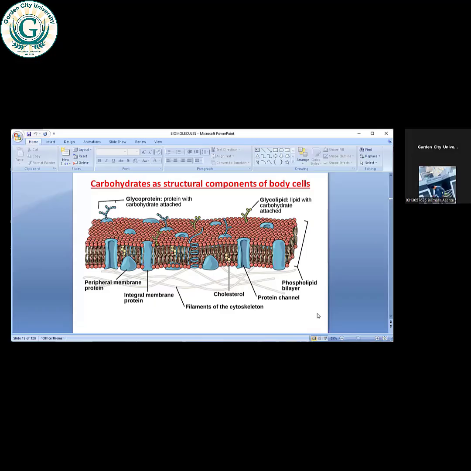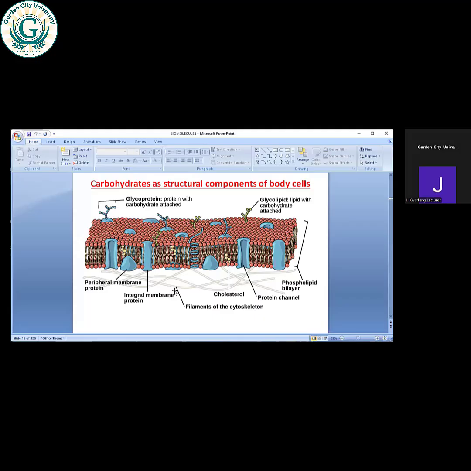Receptors. Number two, they also act as transporters. They help the cell to pick up molecules and then transport them into the cell or outside of the cell.